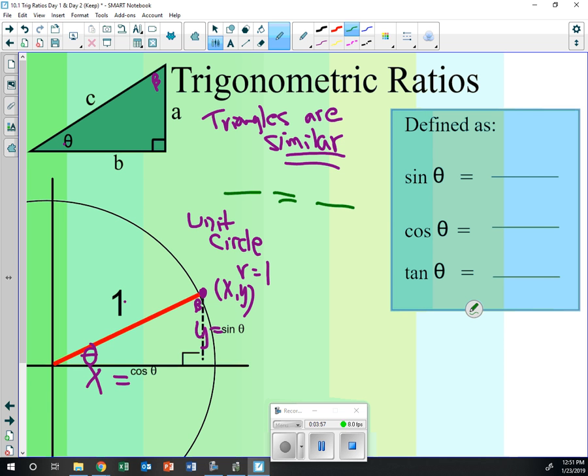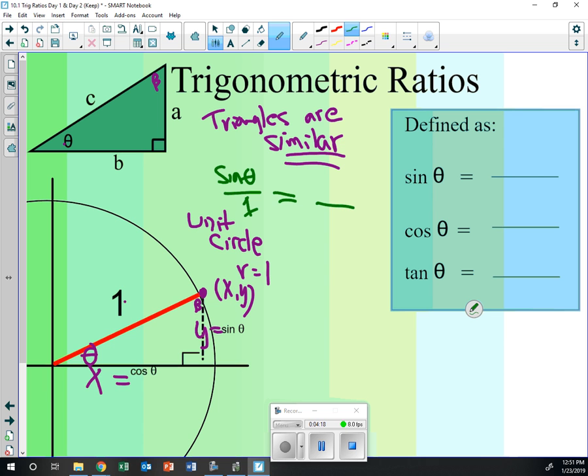If you remember from geometry, one ratio of two triangles, for example, sine theta, the opposite, straight across from theta, over 1, is going to be equal to, okay, what's opposite this theta at the top?